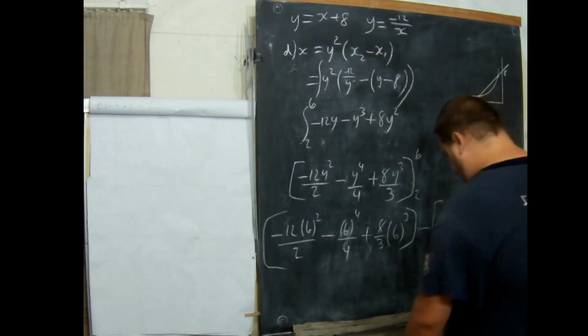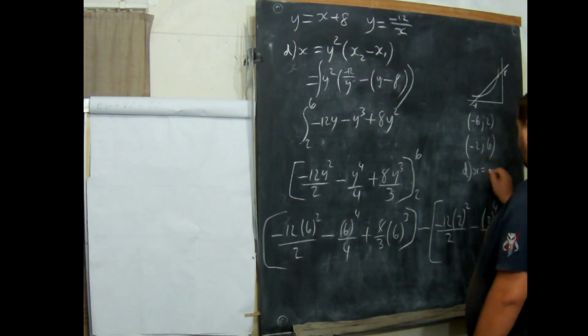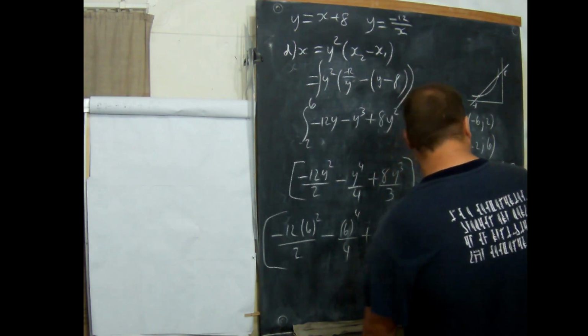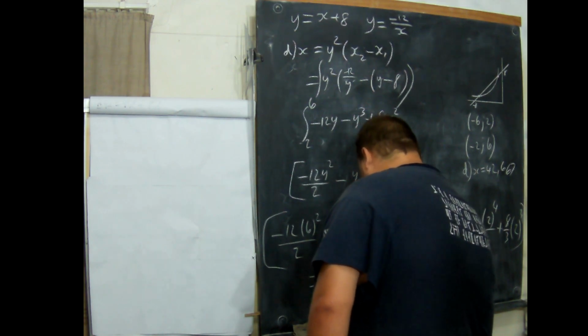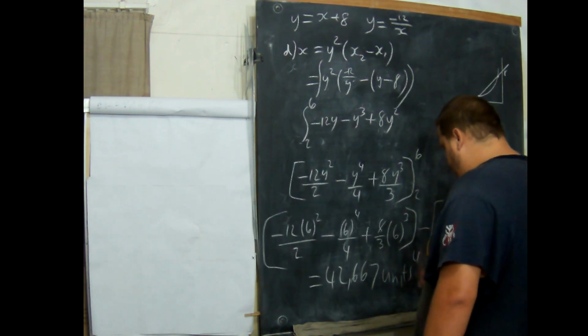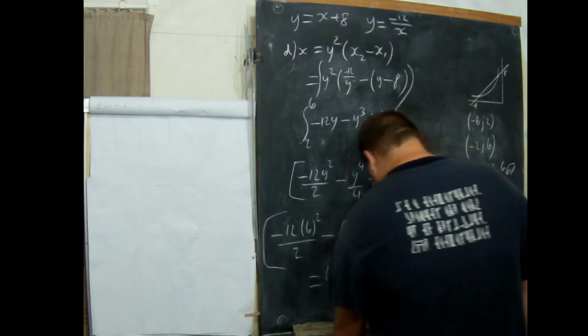You will get 42,667. The answer to this is 42,667 units to the power 4.